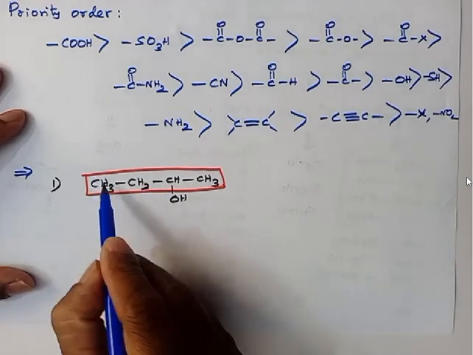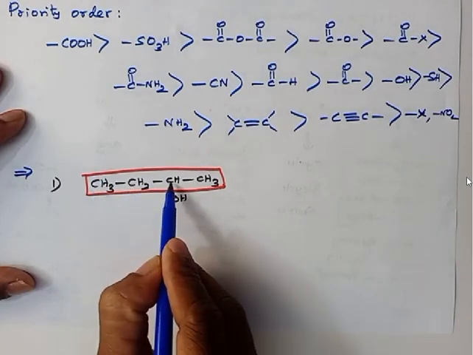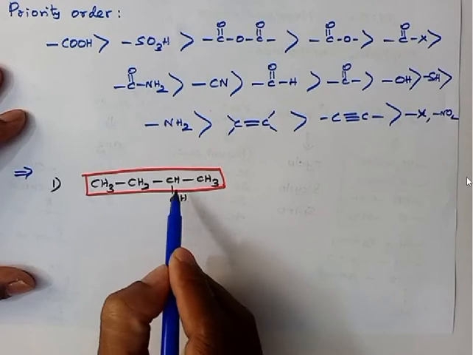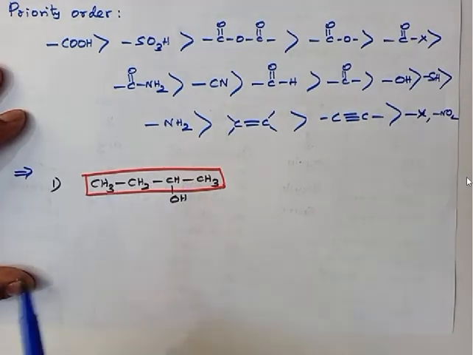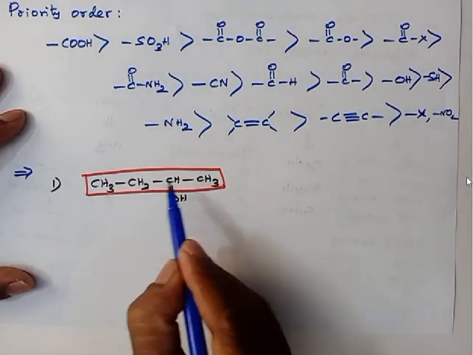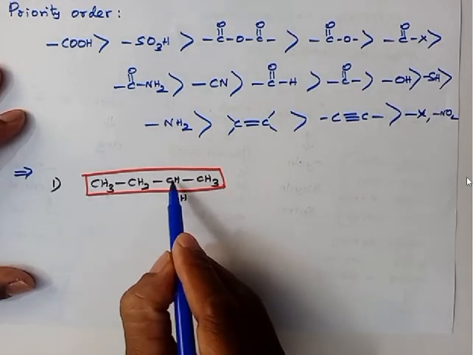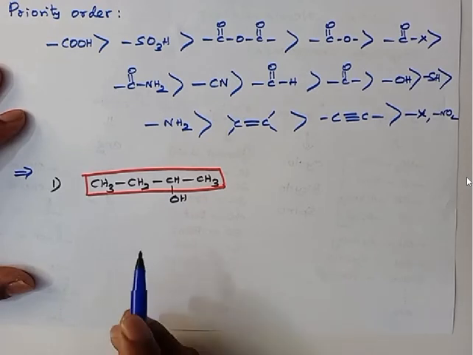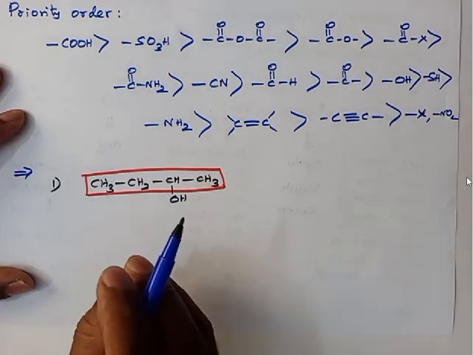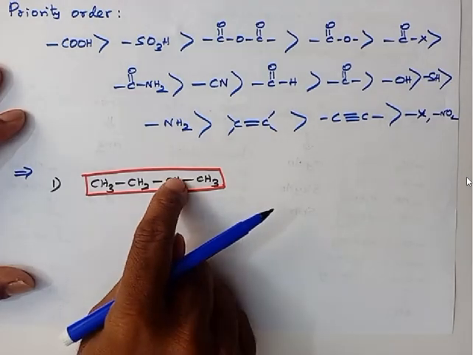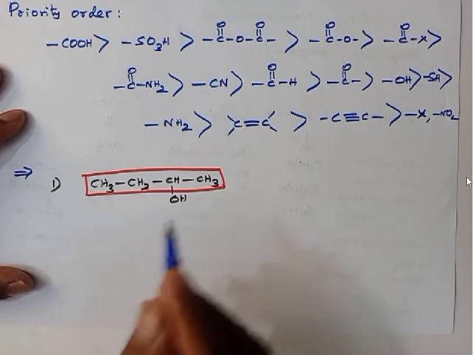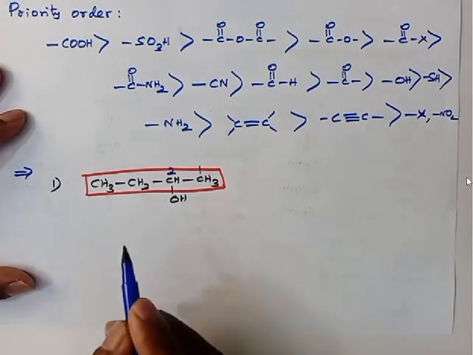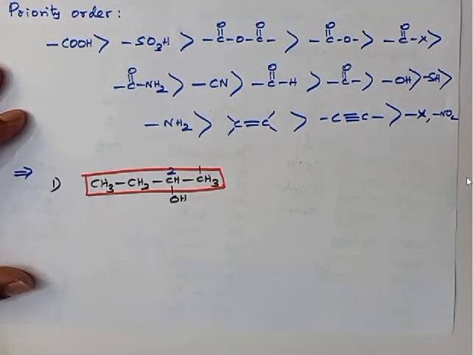If I start from this side, this is 1, 2, and this carbon gets number 3, so the functional group gets number 3. If I start numbering from the other direction, this is carbon number 1, this is carbon number 2. According to IUPAC rules, the functional group attached to carbon should get the least possible number. So if I number in this direction, I get number 2 for this carbon.